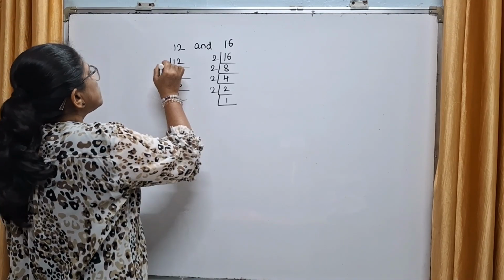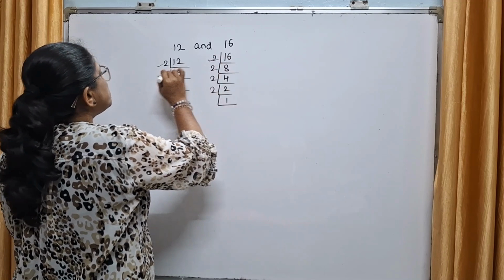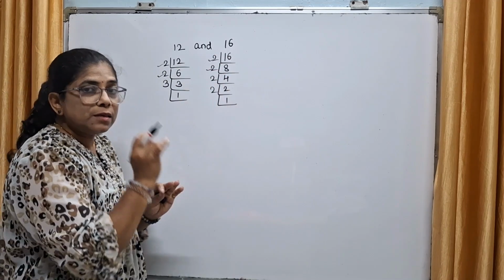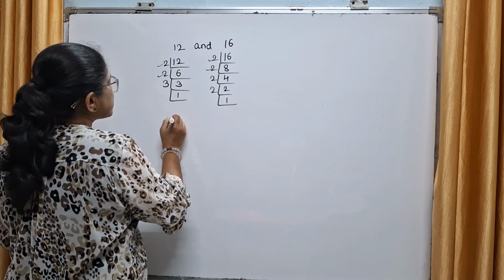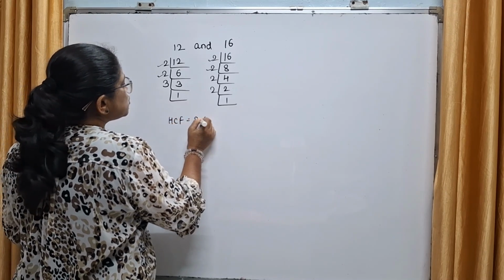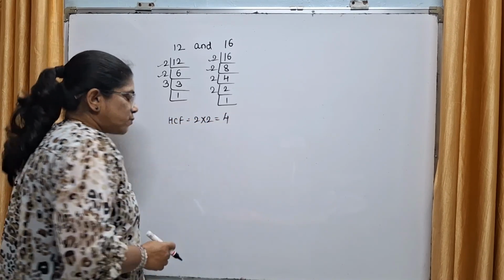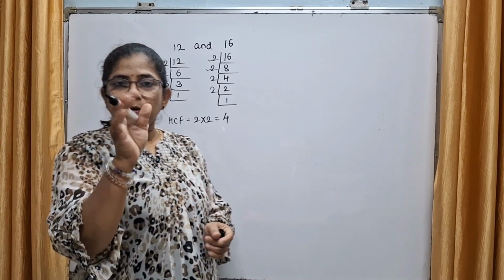Now for HCF, we have to mark the common factors because it is the highest common factor. So here HCF is 2 into 2, that is 4. So 4 is the HCF.